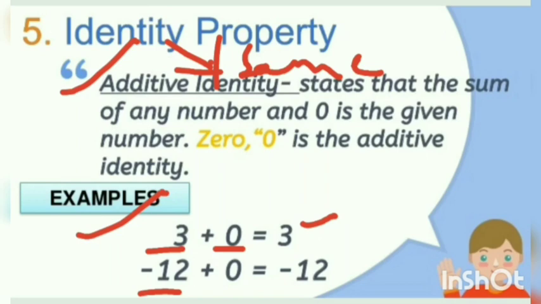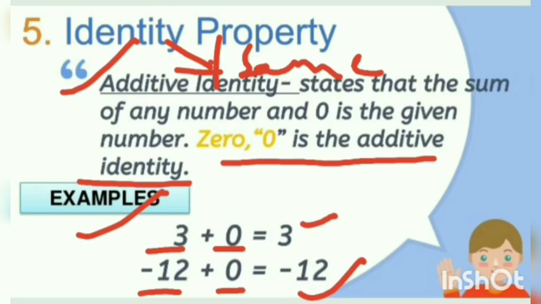So what do we have to add to -12 to get the sum as -12? Of course, we will add 0. So in case of addition, 0 is the additive identity.